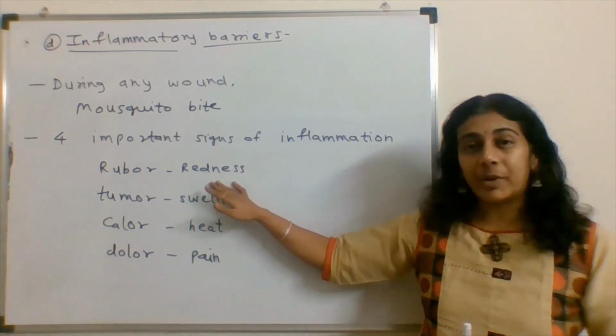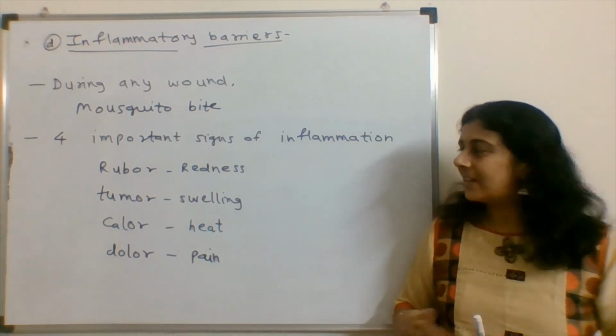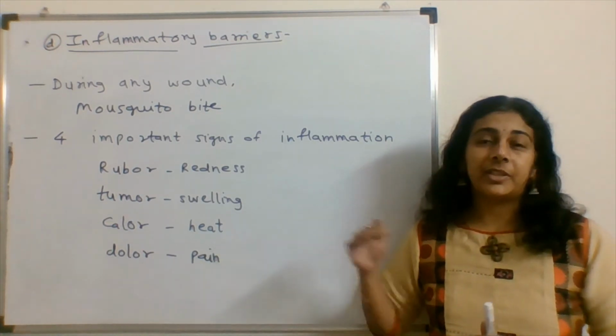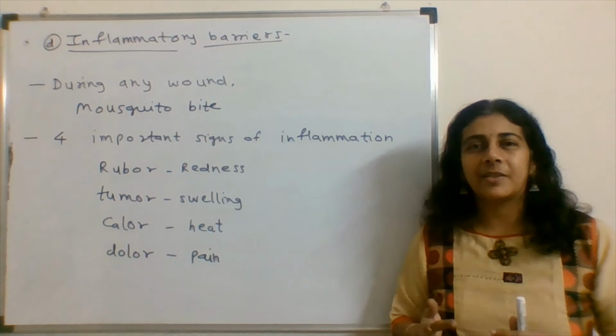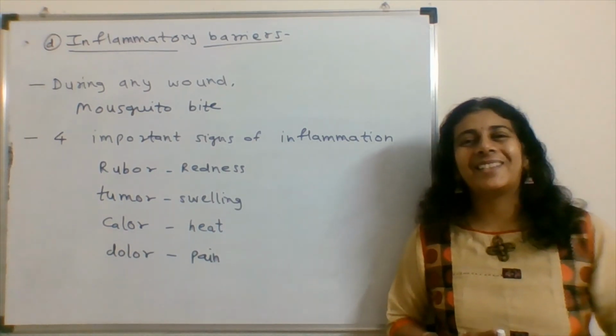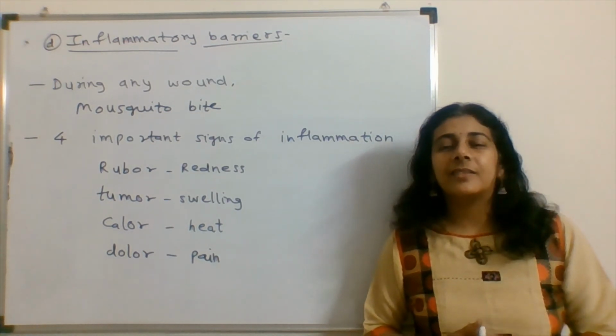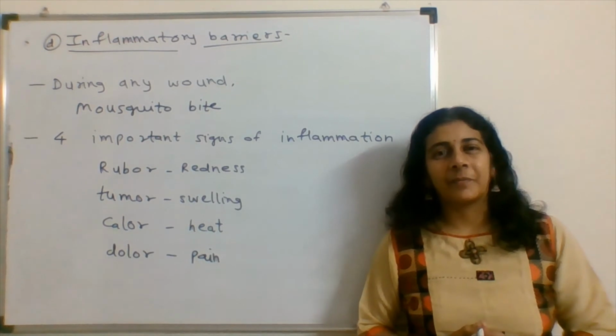There is rubor, that is redness. There is tumor, swelling takes place there. Then calor, if we touch that portion we feel somewhat hot, and dolor, of course there is pain in that portion. So these four are the signs of inflammation.